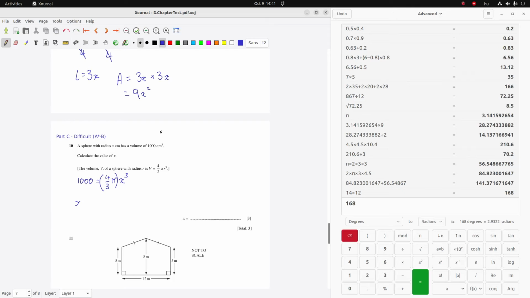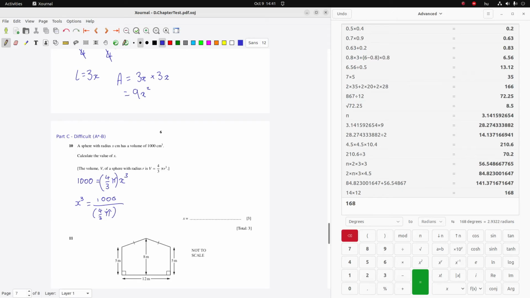So we end up with x cubed is equal to 1000 divided by 4 over 3 times pi.